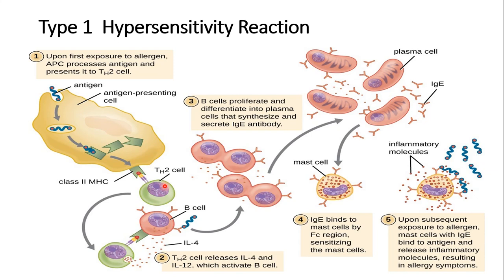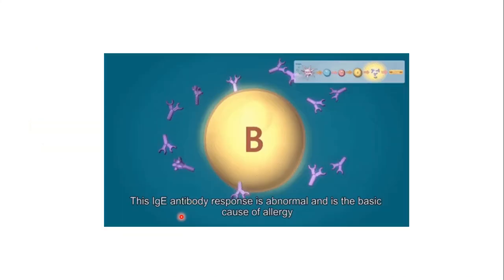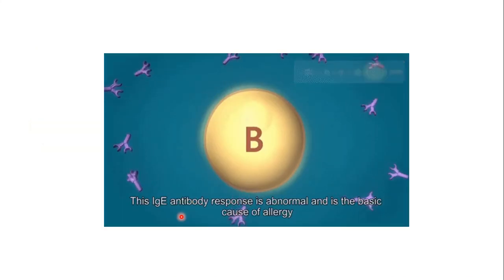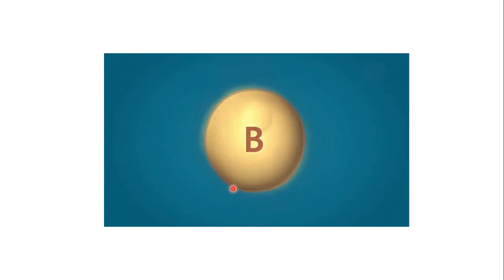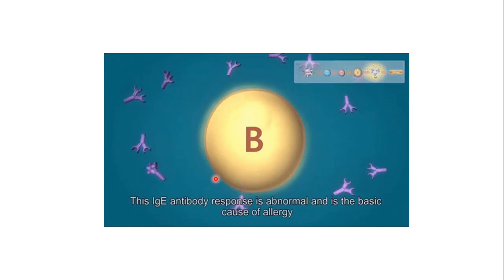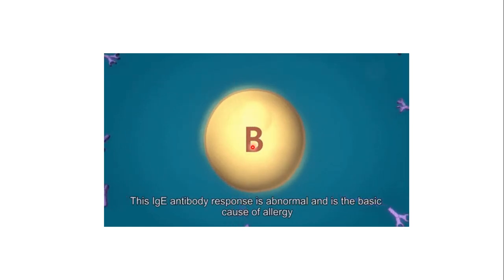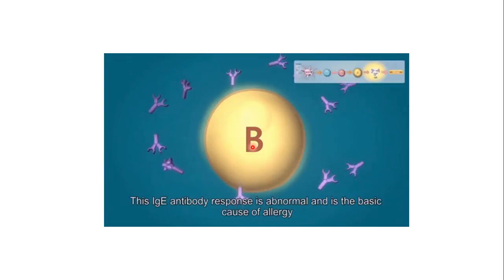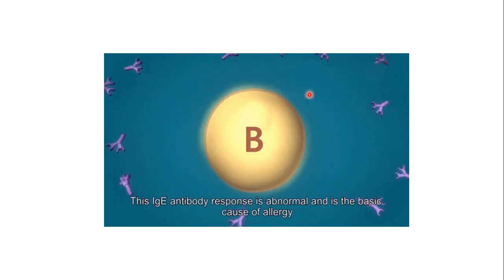So when the receptor of the T cell binds to this complex, the T cell is then activated, and as a result, it will release cytokines. Now, these cytokines will activate the B cell, which in turn will release IgE antibodies.